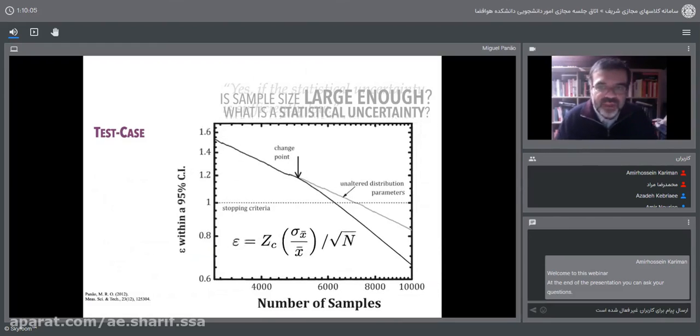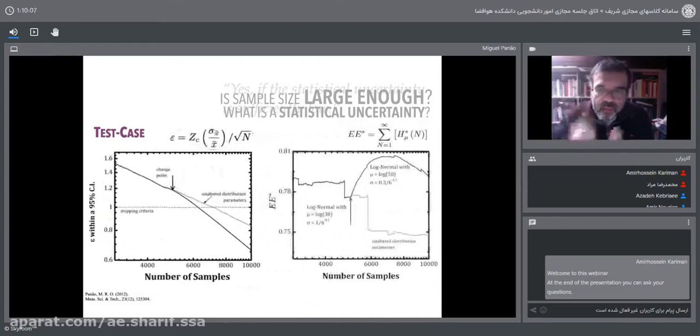And what happens to the excess entropy? From the point where I begin to change the distribution, it begins to change. It doesn't stabilize. So it will tell me, no, please acquire more information because you don't have enough information.